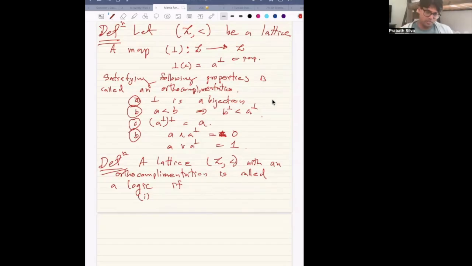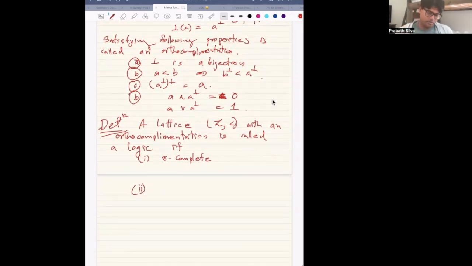It is sigma complete, which means you have countable meets and countable joins. And this is a strange property, but it's okay.